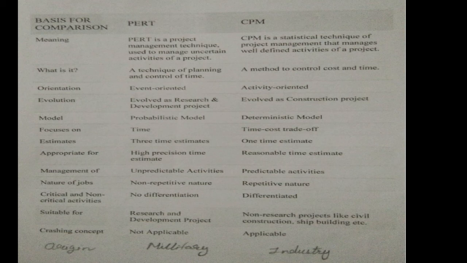Not only that, CPM first gives priority to accomplishing critical activities. The next criteria is suitable for. The PERT method is suitable for research and development projects. On the other hand, CPM is suitable for non-research projects like civil construction, shipbuilding, etc.